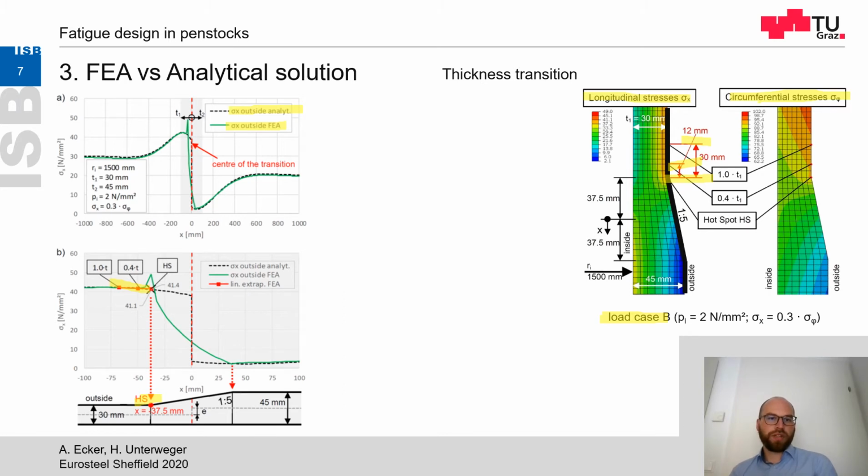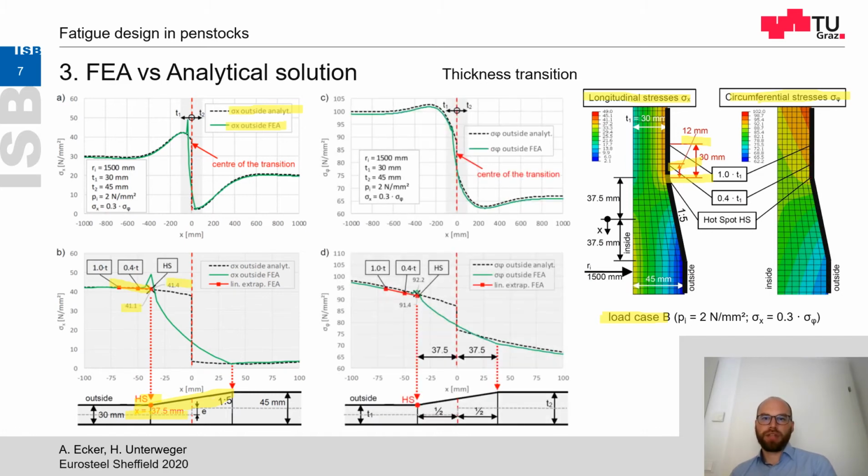If you move the analytical solution to the middle of the bevel and you solve the analytical solution for this x is minus 37.5 millimeters, you can compare this stress of the analytical solution with the numerical result. And as you can see, the stresses are nearly identical.